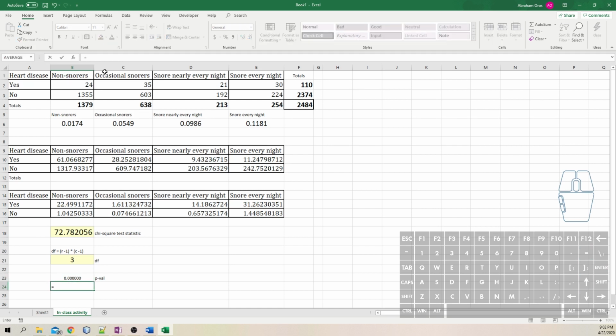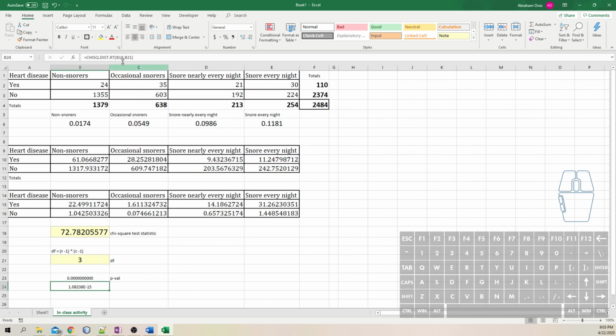Or, just to check our work here, we could do chi-squared dist.rt, and then you pick this value again, comma the degrees of freedom, enter, and you get one of those funky numbers. But as you'll notice, that's 10 to the negative 15th. That's a really, really small number. This number is essentially 0. Okay? All right, so that is step 3.